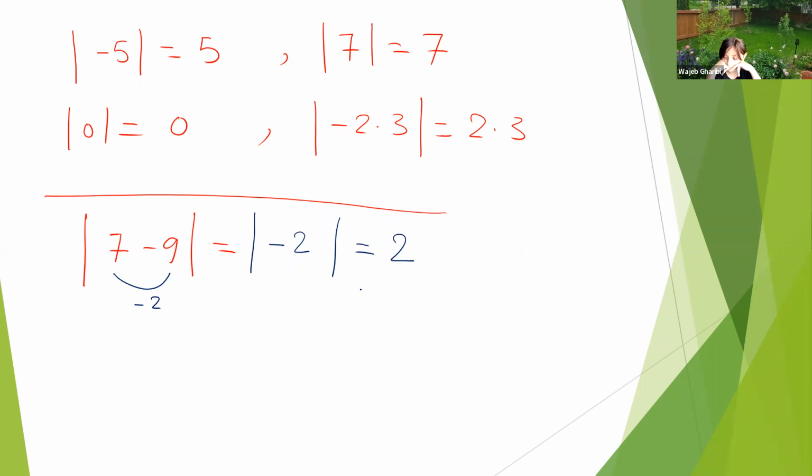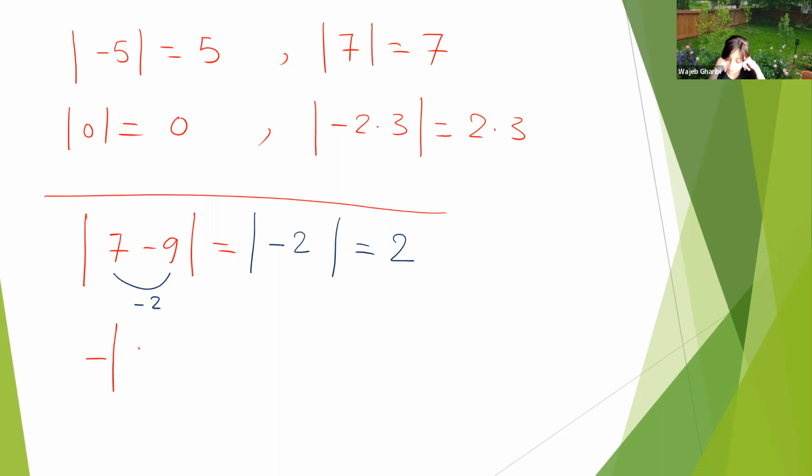Sometimes there are positive or negative symbols outside an absolute value bar. Think inside then outside. First, take the absolute value of what is inside the bars. For example, negative absolute value of -2.